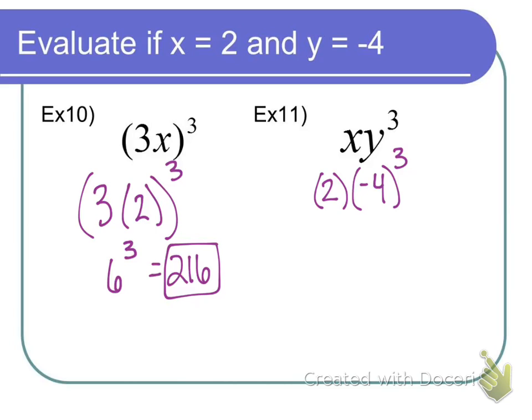What's our next operation? After parentheses comes exponents. So we need to apply our exponent next. That means the 2 is staying there for now. Negative 4 to the 3rd power gives us negative 4 times negative 4 times negative 4.